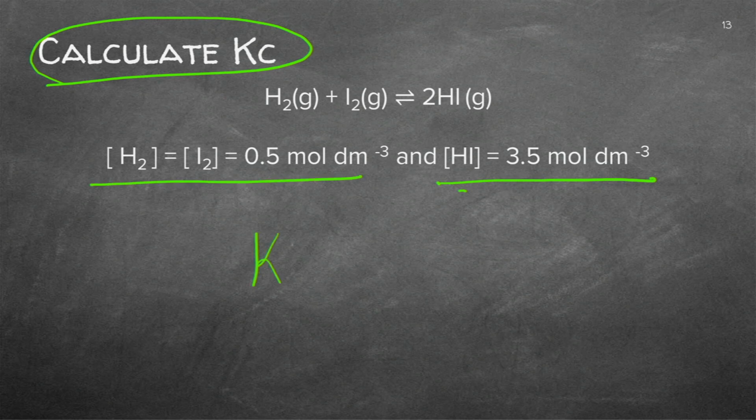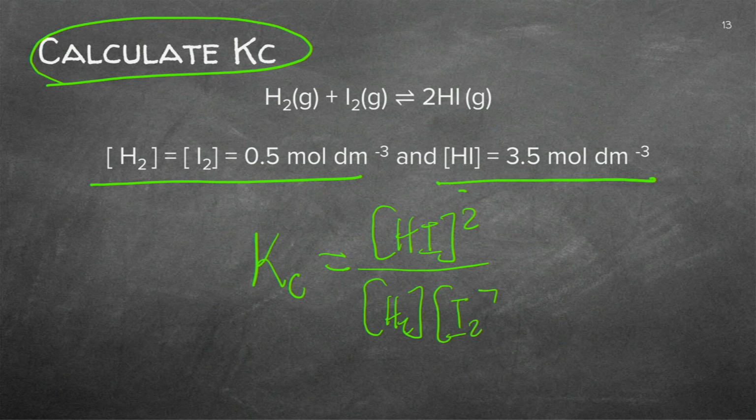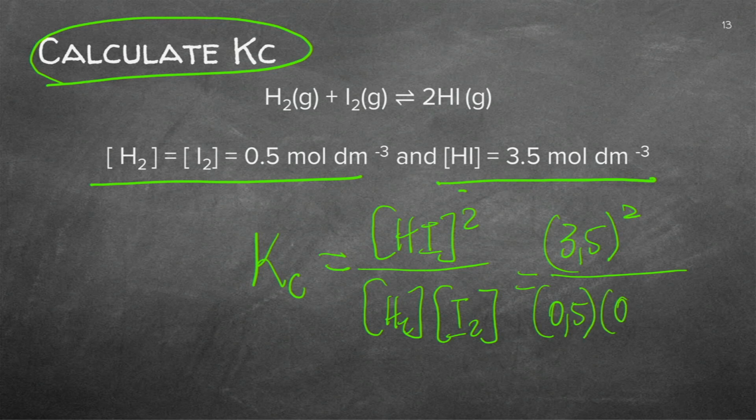Now this is what we did previously. First write down your equation for your Kc, then you actually just substitute in there, and it's easy. It's 3.5, remember the square, over 0.5, 0.5. So you can do this calculation if you've got that value.